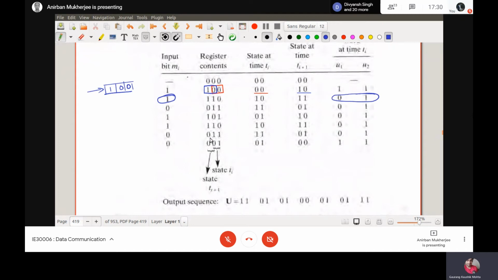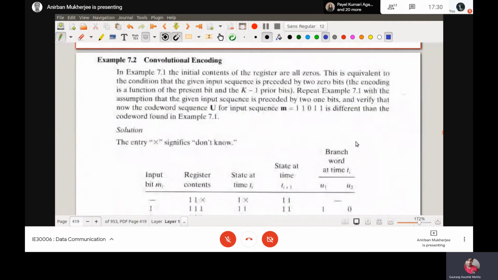So the state is this one and this one. That means the output depends on the state and the current input. State means the content of the registers. That's it. So you have this input, and finally you have this output. This is the convolutional encoding.